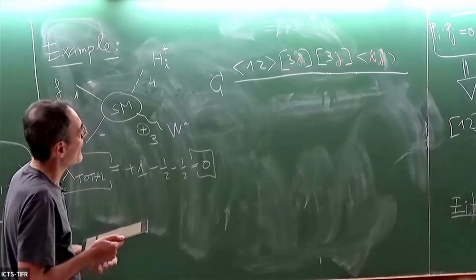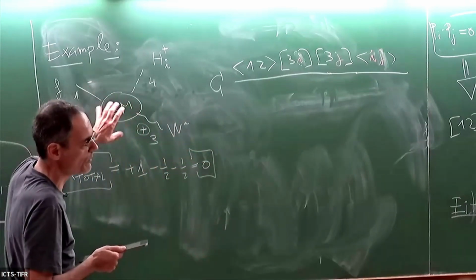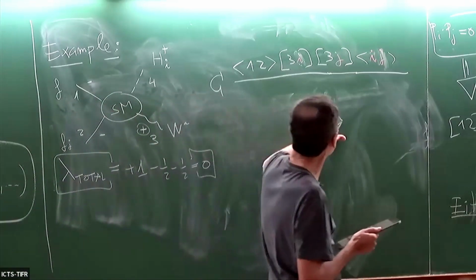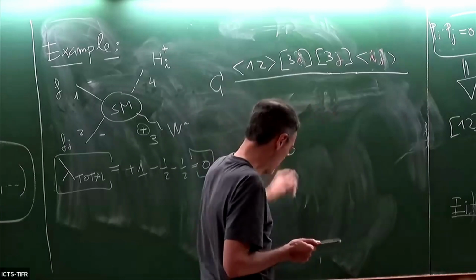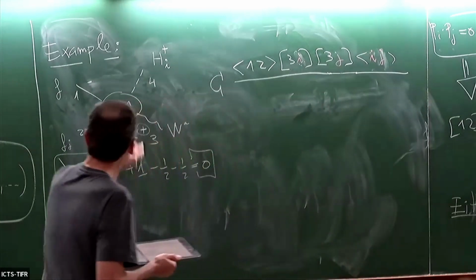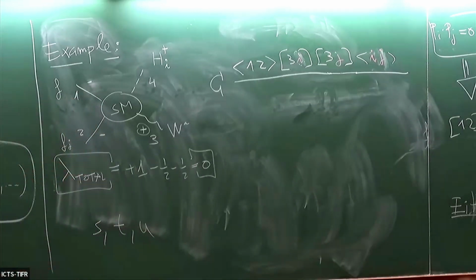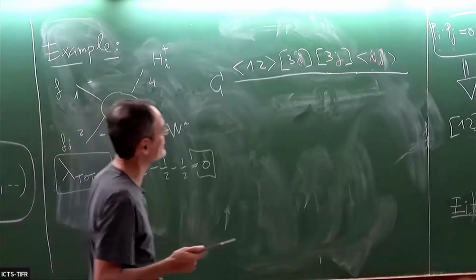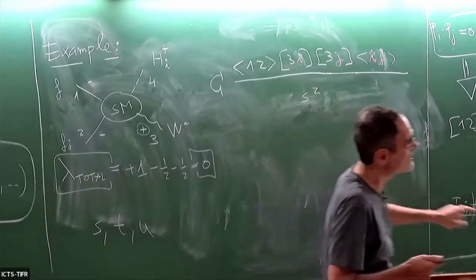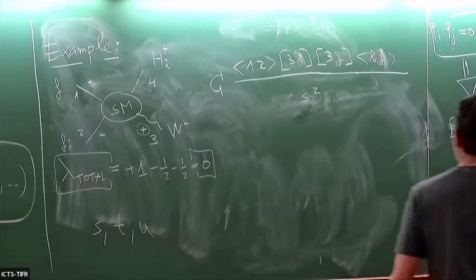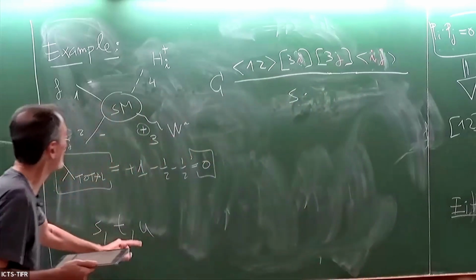Okay, let's go for the denominator, because it has to be dimensionless. This is a 4-point amplitude, dimensionless. Let's count dimension 1, 2, 3, 4. It should be here. And now I have extra guys for doing it. Because this is a 2 to 2, I have the S, T, and U variables, kinematic variables, Lorentz invariant variables, okay? I could put S squared, but now I say no. All the poles are simple poles, so I can put one S. I have to put another one, T or U, okay?